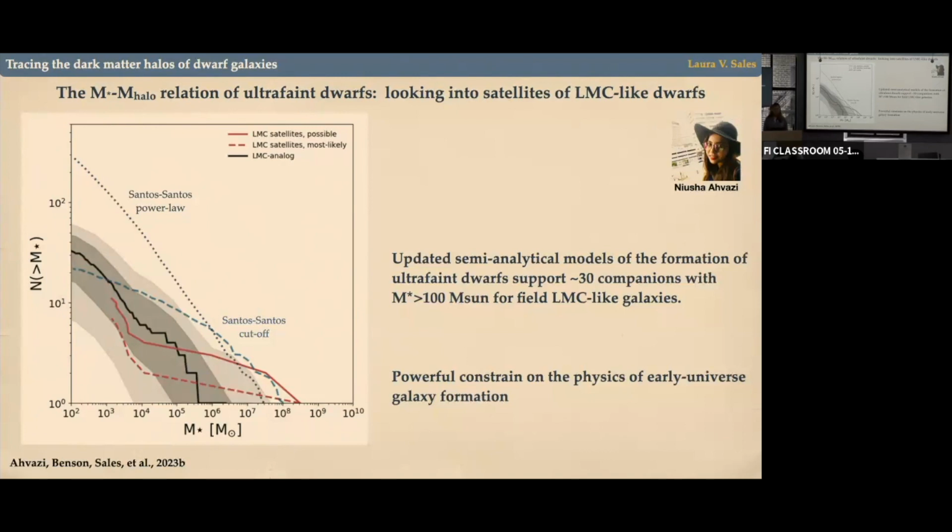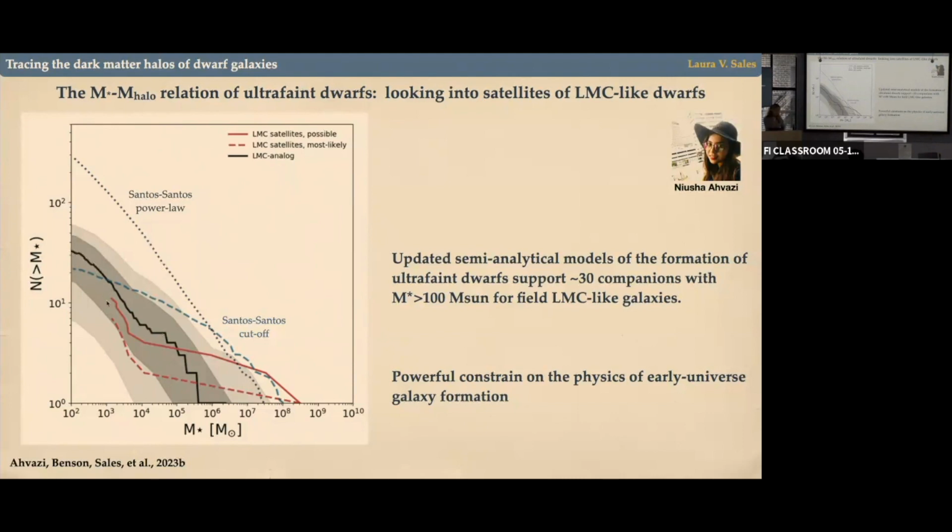Nusha has been working with Galacticus, a semi-analytic model by Andrew Benson, trying to understand how the physics in the early universe would impact the number of ultra-faint dwarfs. Her best model comes up with this prediction for an LMC object, shown here in black with the gray area.